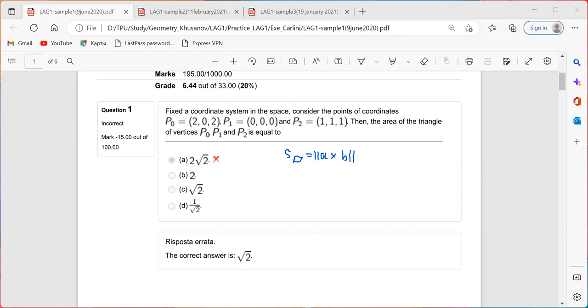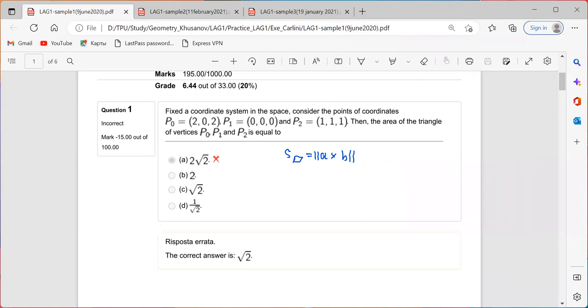According to this question, we have three points, and we have to find the area of a triangle whose vertices are the given points. So how can we solve this kind of problem? I think it's not so difficult.